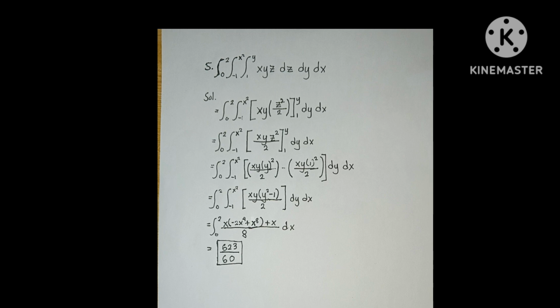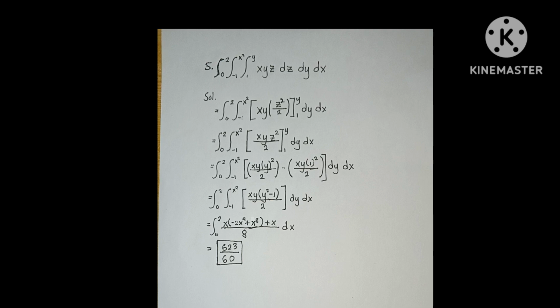First, you write the integral from 0 to 2 with respect to x, and the integral from negative 1 to x squared with respect to y. So we have xy times the integral of z. The integral of z is z squared over 2 with respect to z from 1 to y.